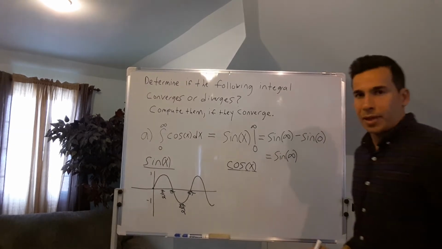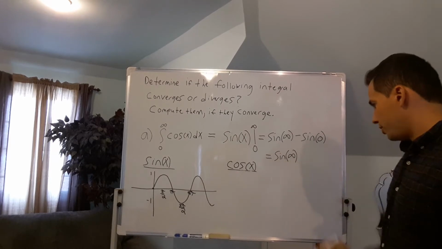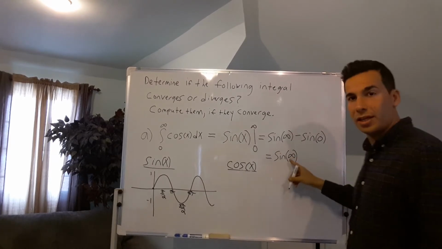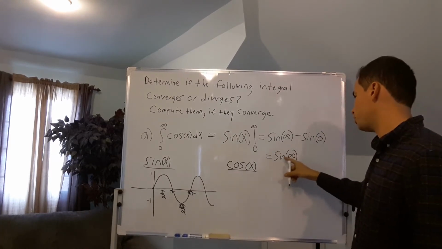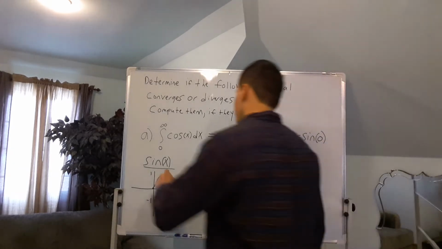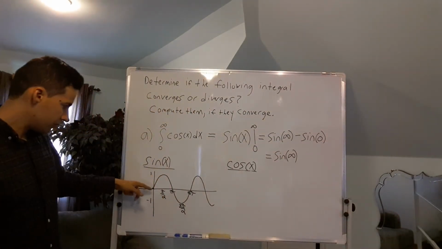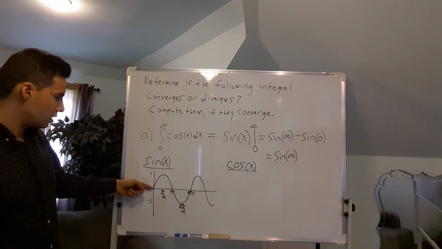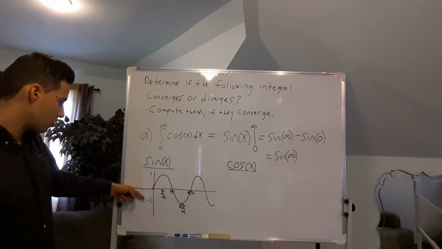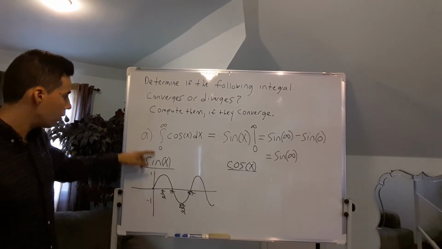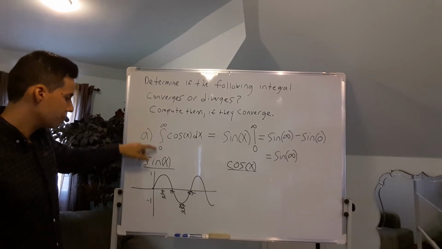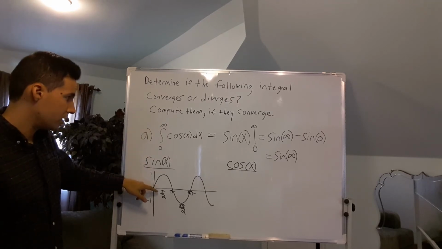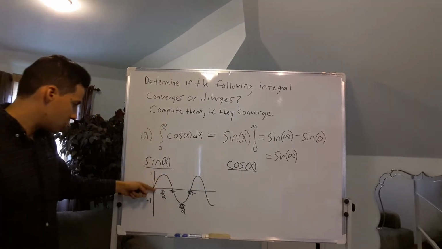And so what is sine of infinity? It's saying when the angle is getting larger and larger and larger, what would be the sine? So here's the sine curve. Well, actually, it keeps going back this way, but we're doing between 0 and infinity. So between those two endpoints, it's going to start here at 0.